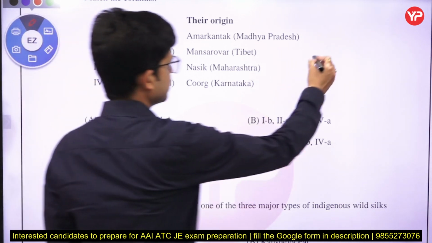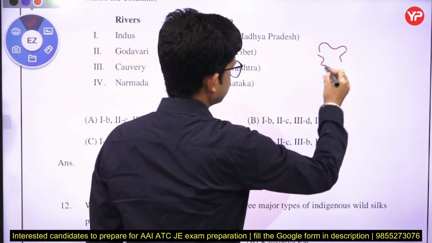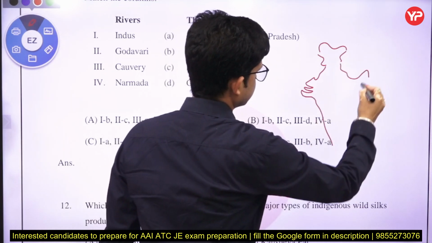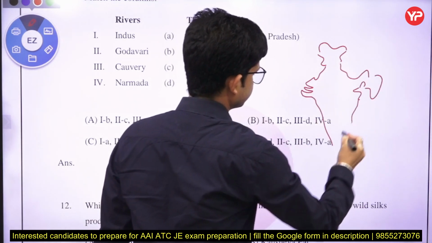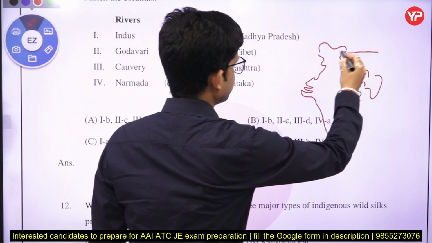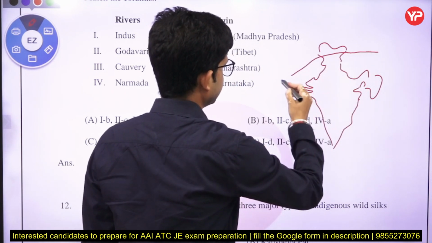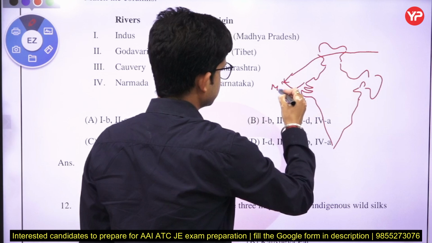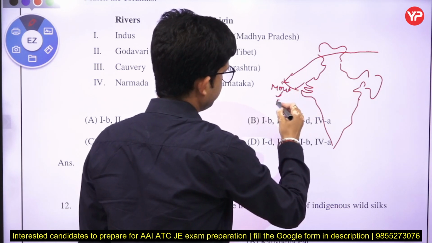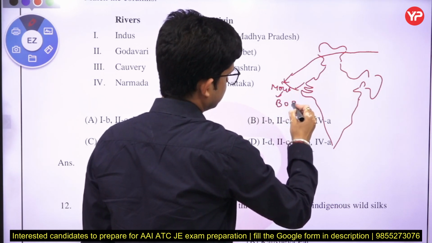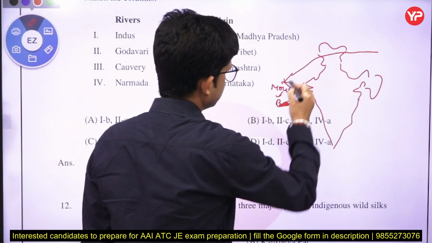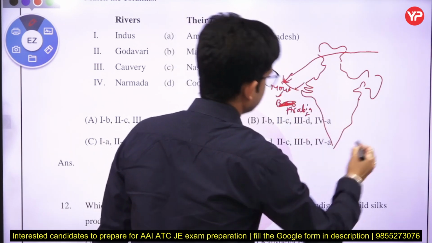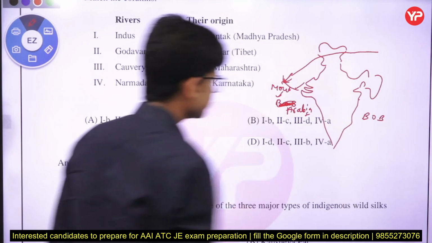If you see the Indus River, it travels from China, and its mouth is in the Arabian Sea; the Bay of Bengal is this one.